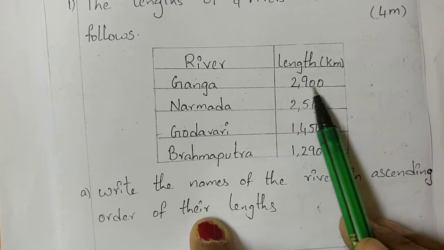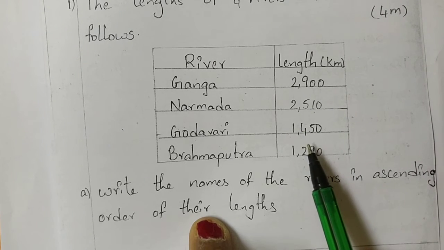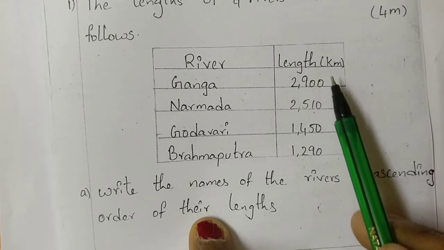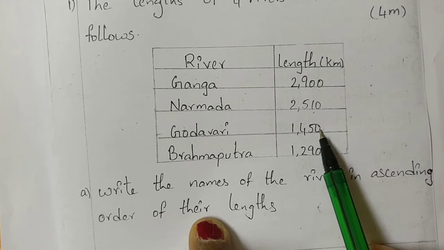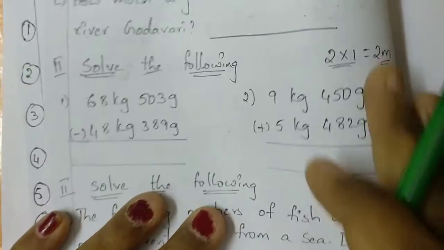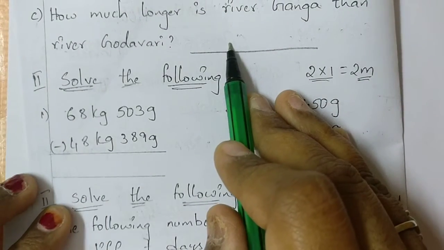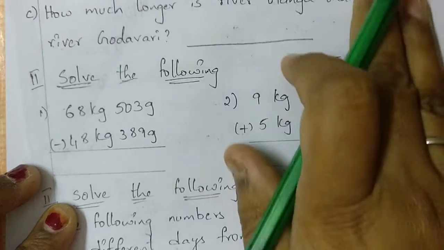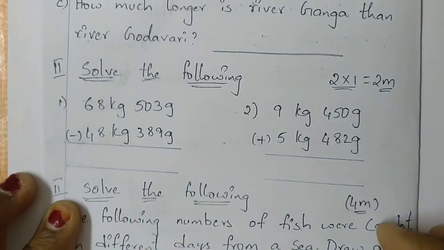Means 2900 minus 1450. We have to do both minus, Nana. When you minus, we get one answer. Okay. So that answer we have to write down. Okay. That answer we have to write here. Okay. Do you understand the first Roman? Now we'll see the second Roman.